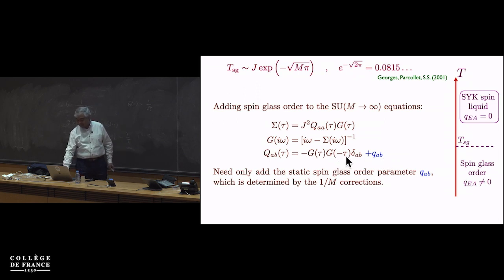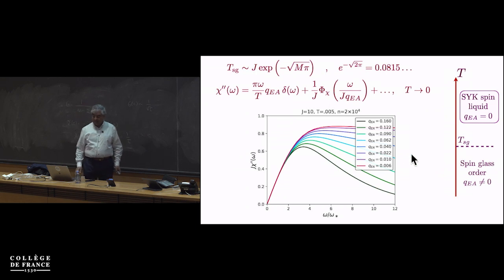And when you solve these equations, what you find is that this dynamic spin susceptibility, this is the final answer, has a delta function at zero frequency in the infinite size limit, proportional to the spin glass order parameter. And then a regular crossover function. Antoine had a function of omega over E_F star.